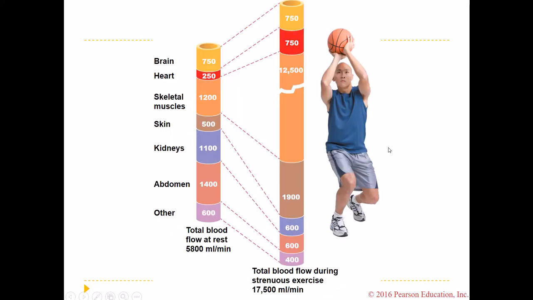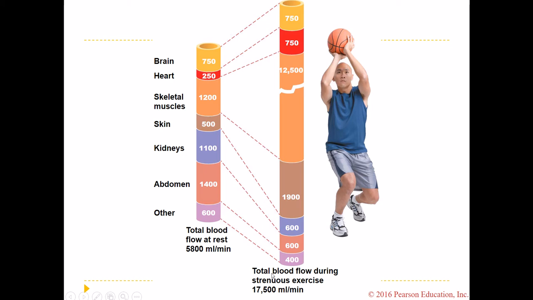So this is a really good example here. We have blood flow at rest versus blood flow in a person during exercise. The first thing I want you to notice is the total blood flow. At rest, it's just a little under 6,000 milliliters a minute.